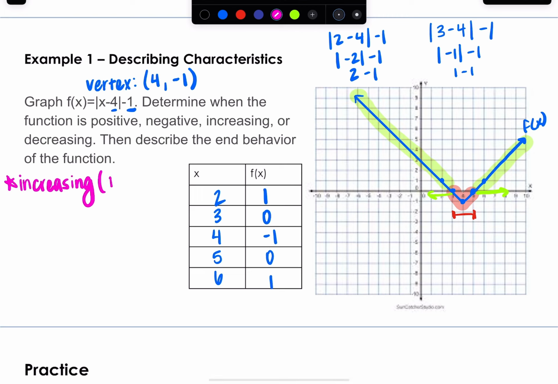So increasing is the line that has a positive slope. So for this function, the line that has the positive slope is the line on the right side. This line is going up. And so that's when, right here onward, so when x is greater than my vertex at 4.